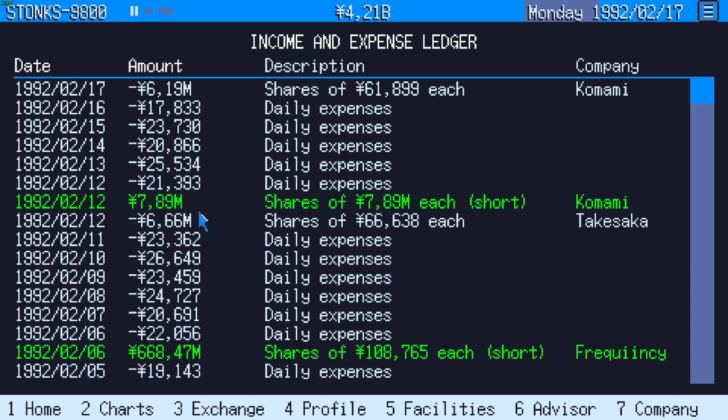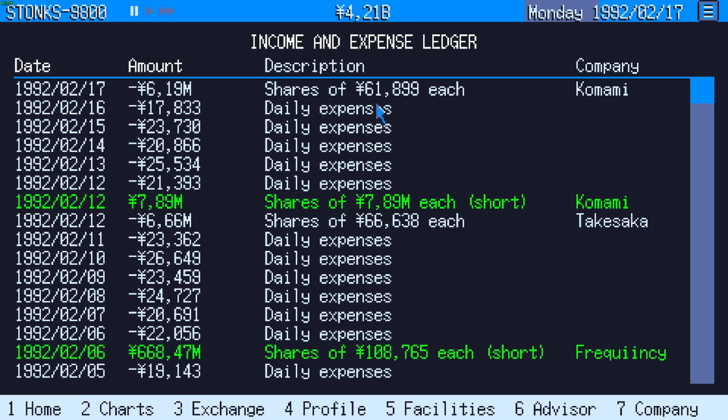So I essentially got a loan of 7.89 million. But that's not really a loan of 7.89 million. It's a loan on the shares themselves, and the shares are valued at 7.89 million. Then we go a few days later and the price has dropped from what we got the loan for.